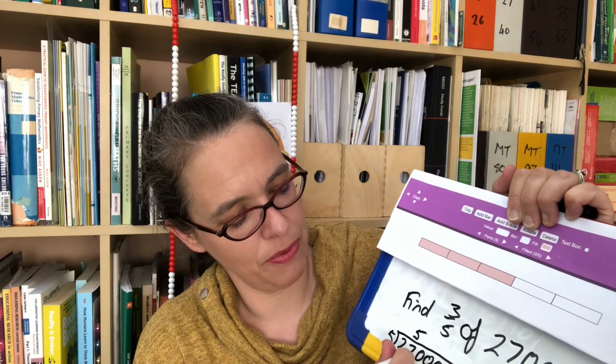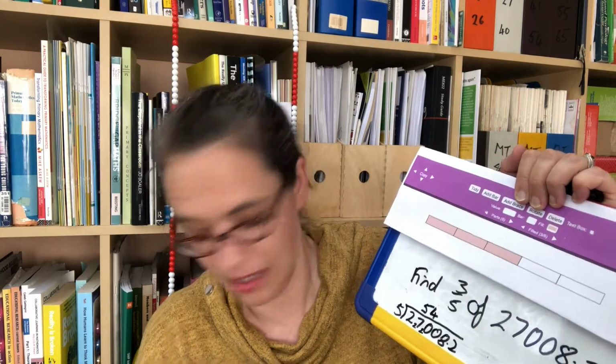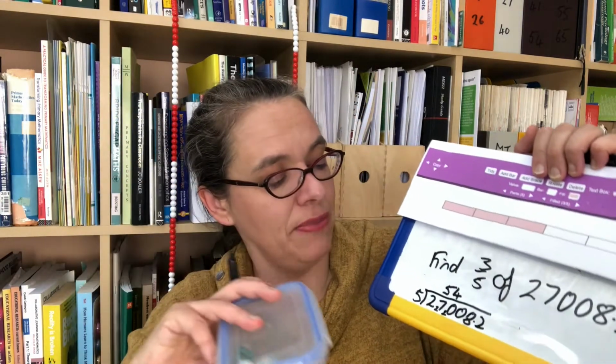We're going to have to exchange them into hundreds. So we've got 20 100s. 20 split into 5 equal parts, that's 4. So there's 4 100s going into each part. Again, you could do it with your place value counters. If you don't have place value counters with large enough values, you can make some with paper. Just make them square really quickly.